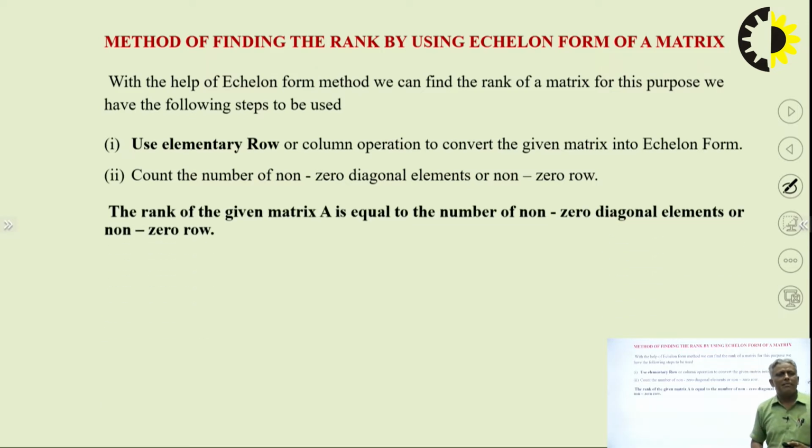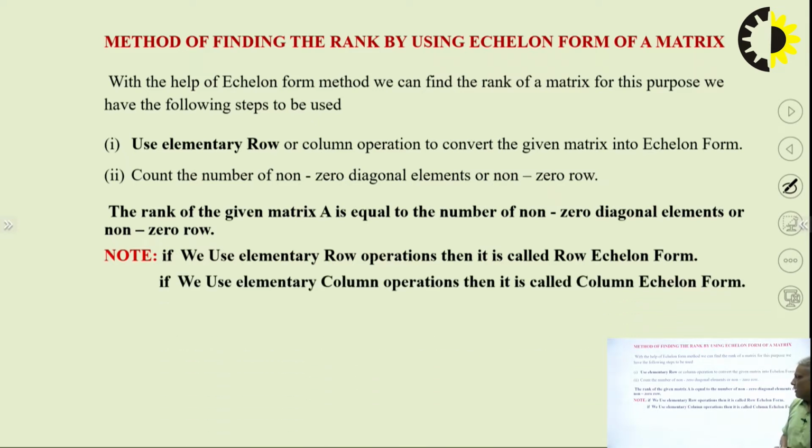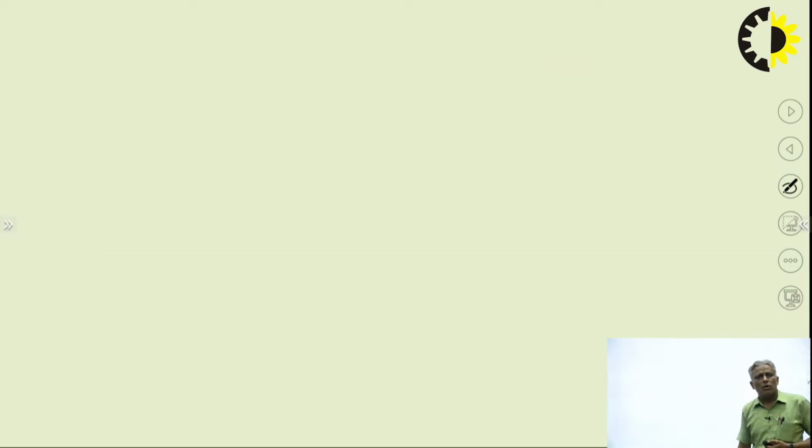The rank of the given matrix A is equal to the number of non-zero rows in the matrix. If we use elementary row operations, it is called row echelon form. If we use elementary column operations, it is known as column echelon form. So there are two types of echelon form, row echelon form and column echelon form.